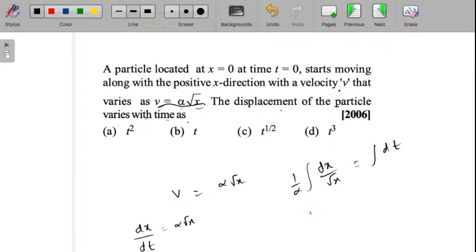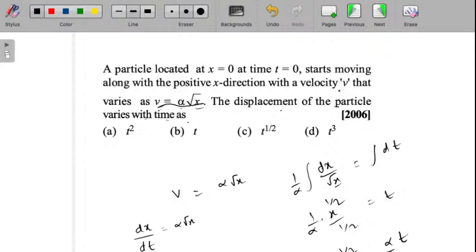Integral of dx by root x is x power 1 by 2 by 1 by 2. That should be integral dt, which is t, just like before as we have solved. So x power 1 by 2 is supposed to be alpha by 2 into t. Once again, x power minus 1 by 2 dx is supposed to be x power minus 1 by 2 plus 1 divided by minus 1 by 2 plus 1.